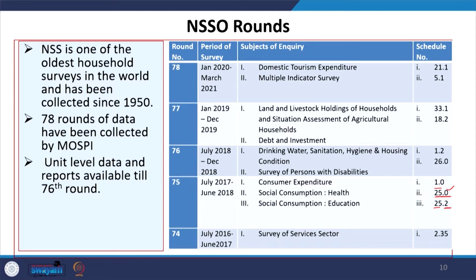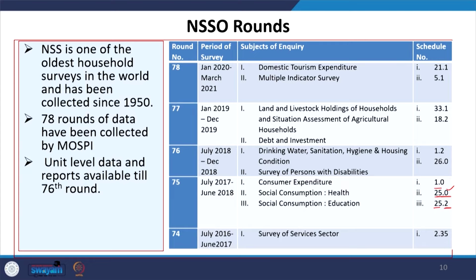Some more clarification I must give. On the 74th round, from July 2016 to 17, the survey was made on the services sector, and in 2018, July to December, sanitation, hygiene, drinking water, housing condition, etc. Similarly, in the 76th round, you will also get an idea about persons with disabilities and their problems, and their schedule number is also mentioned.